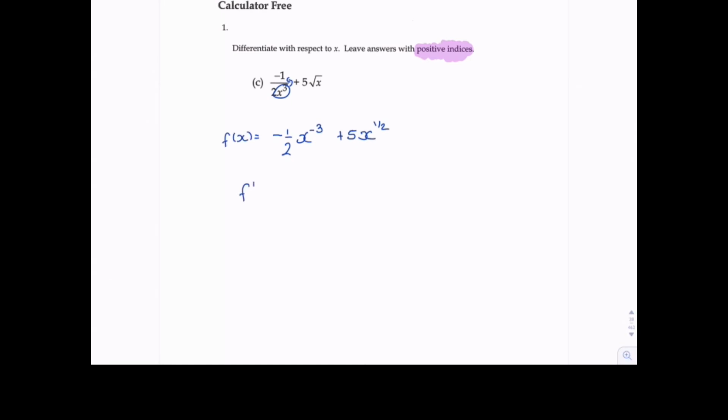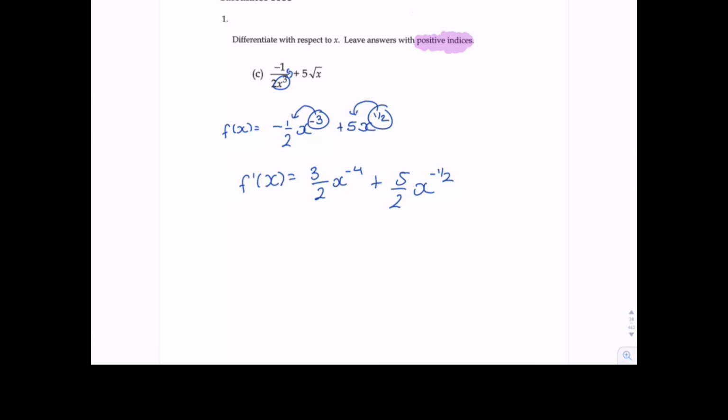So the differential f dash of x, okay, bring that down, so you get -3. In fact, a negative times a negative is a positive, so you get 3 on 2x to the minus 4, we differentiate that, plus, going to multiply that, so you get 5 on 2x, and if you minus 1 from a half, you get -1/2.